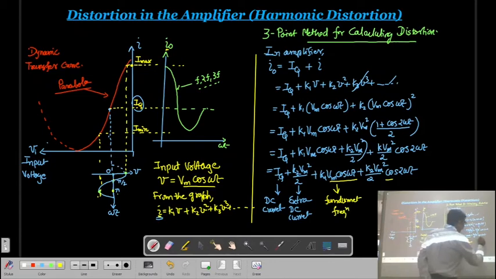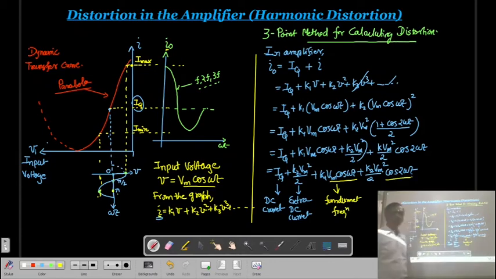Correct? And in the next term, we have cos 2 omega t, and that is representing the second harmonic. So mathematically here, we can see the second harmonic is introduced. So in the output current, in the output of the amplifier, the second harmonic will be there.